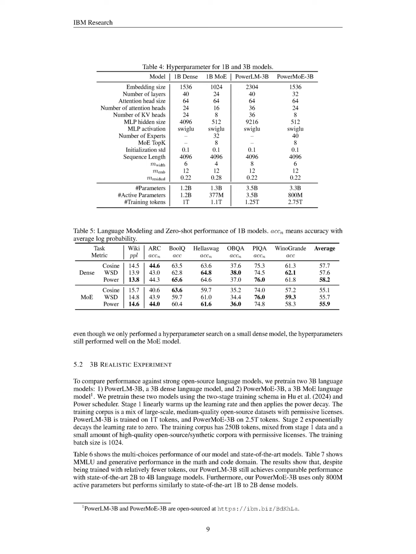Specifically, PowerLM3B performed comparably to larger models, 2B to 4B parameters, while PowerMoE3B, with only 800M active parameters, matched the performance of larger dense models, 1B to 2B.